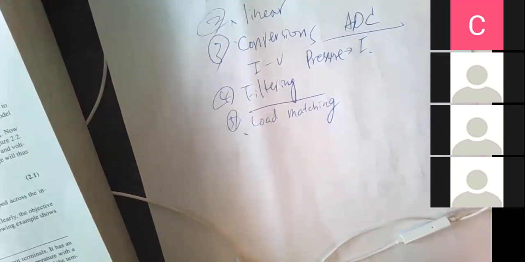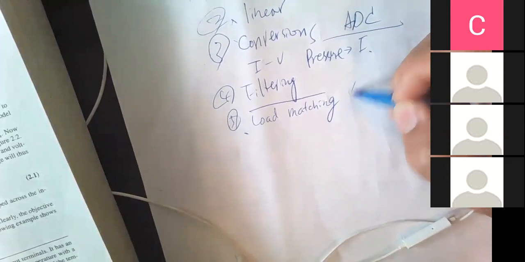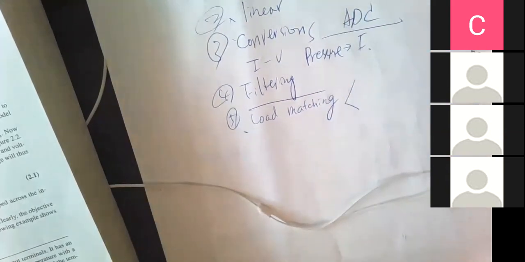If your engine is 1 horsepower, it cannot be used on your vehicle. 1 horsepower is not enough. The loading capacity is not enough. Same for electrical circuits. Some can handle high load, some can handle only small load. So load matching is another category of signal conditioning.